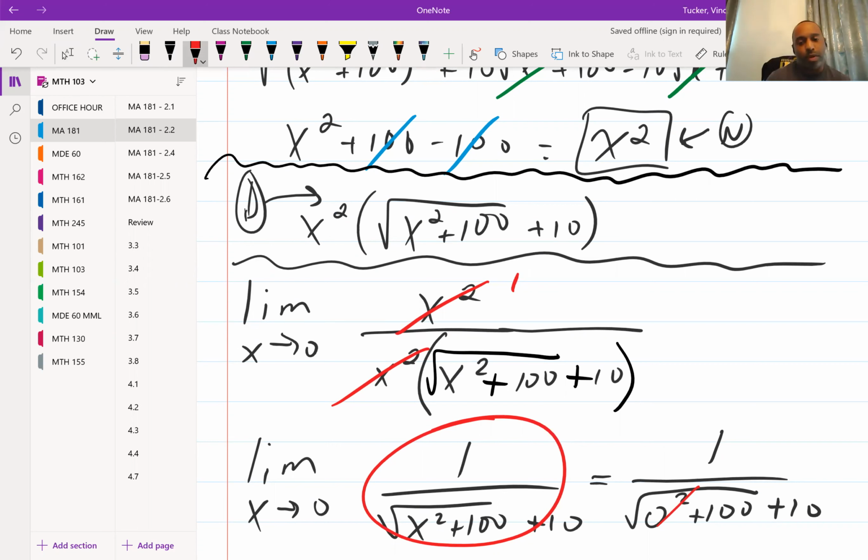And now we can go ahead and plug in 0 for x to get a value. All right, so before we go any further, questions on anything that we've done up to this point? All right, so now plug in 0 for x.